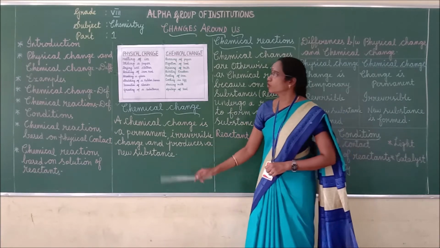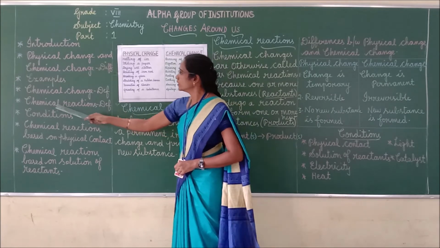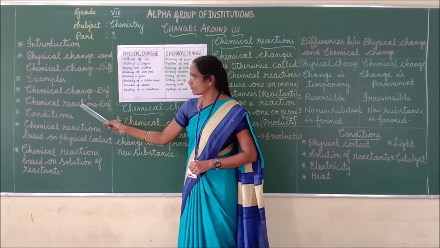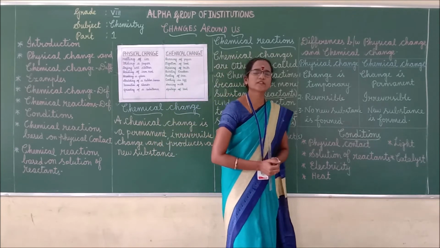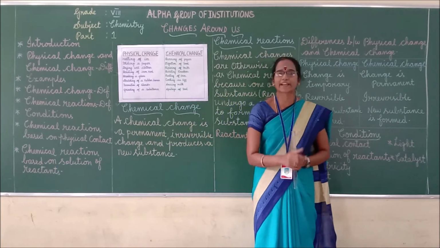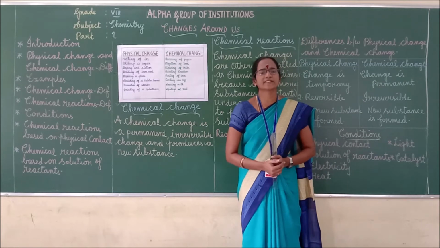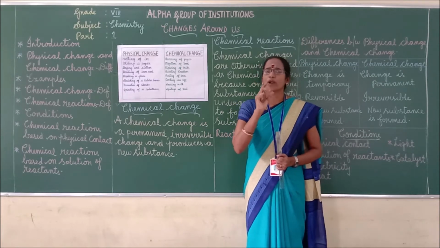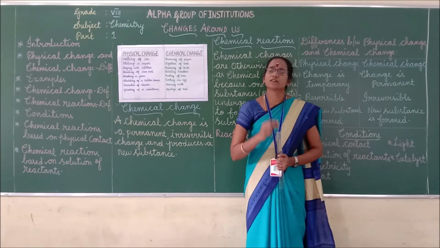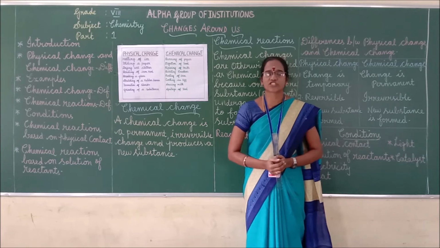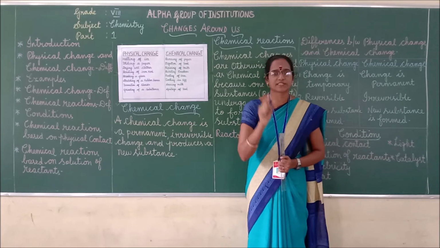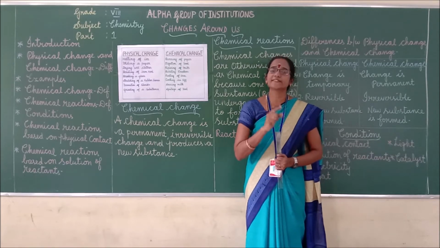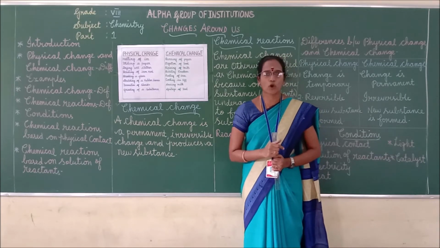Got it, children? Next, we can move to the chemical reactions definition. Chemical changes are otherwise called chemical reactions. For example, if one or more substances undergo a chemical reaction, they form one or more new substances. That is, reactant gives product.